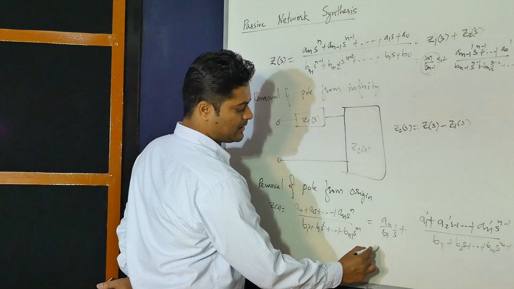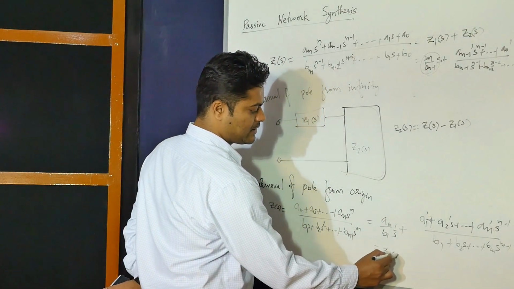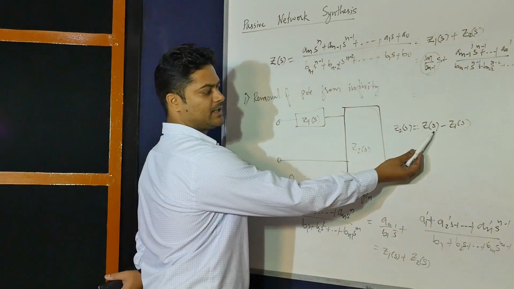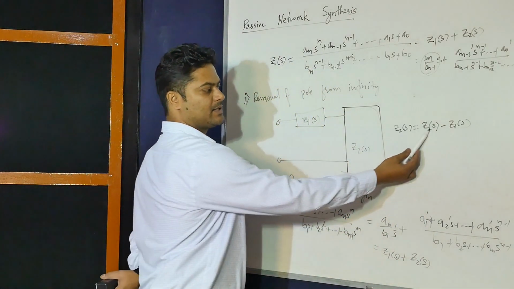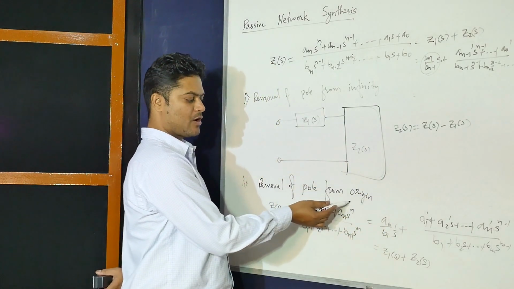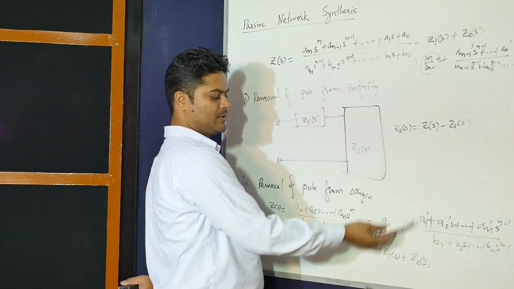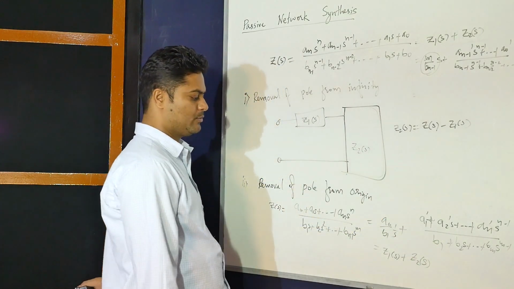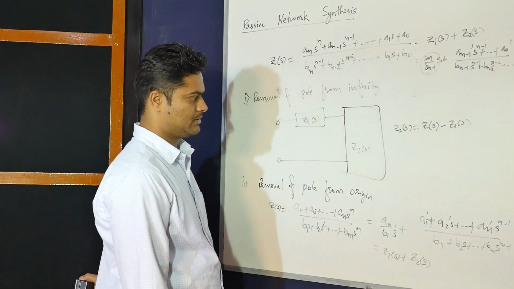S is taken out. So this will be the Z1 of s now, and this is Z2 of s. Z2 of s is Z of s minus Z1 of s. So we removed a pole from origin from this Z2, right? So we removed that pole from origin.